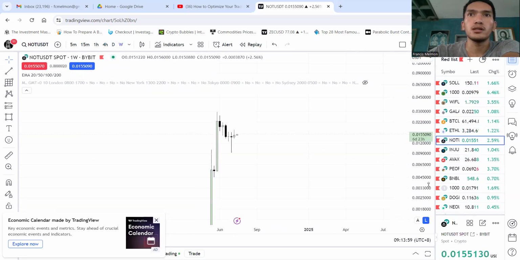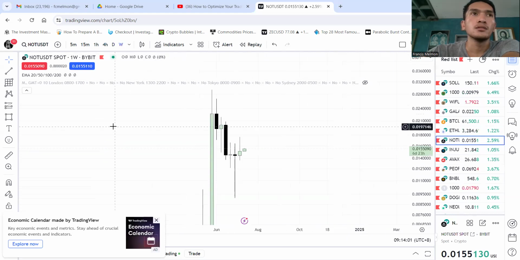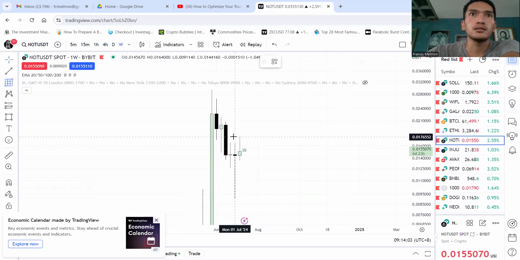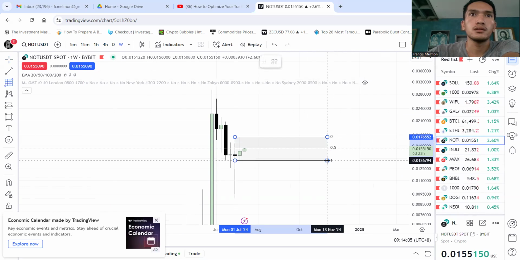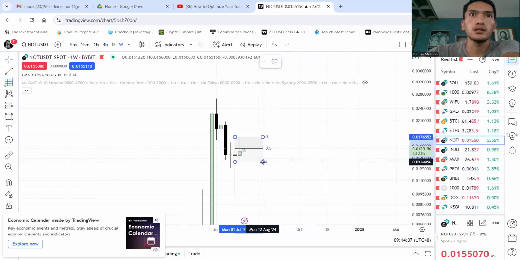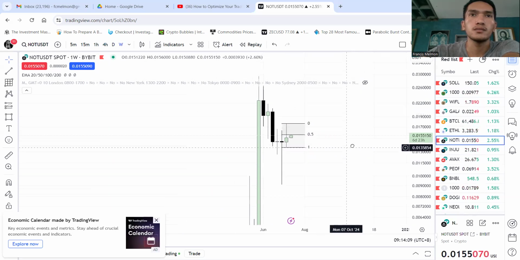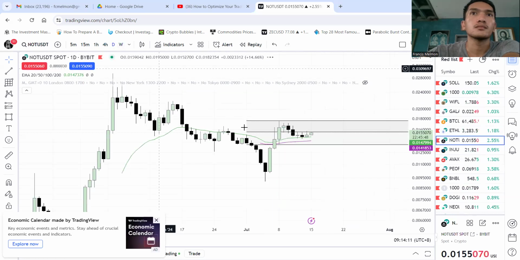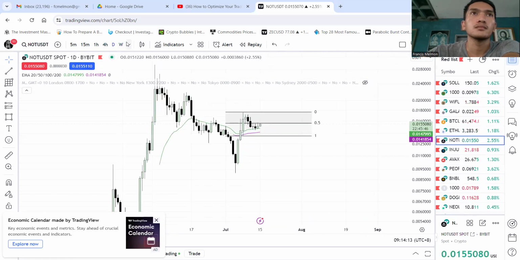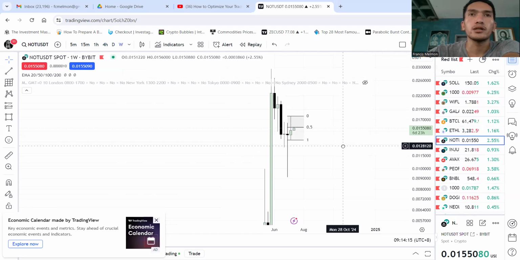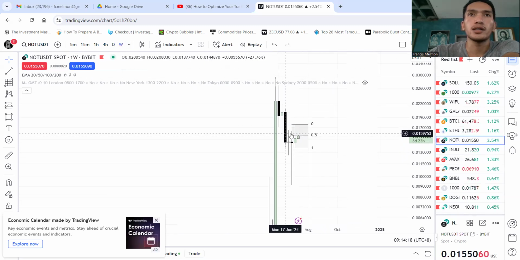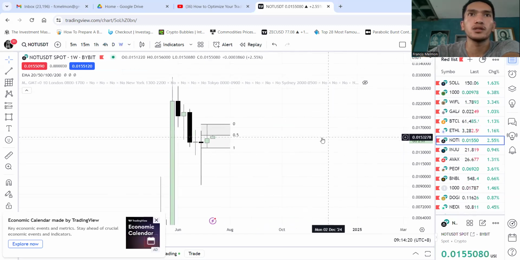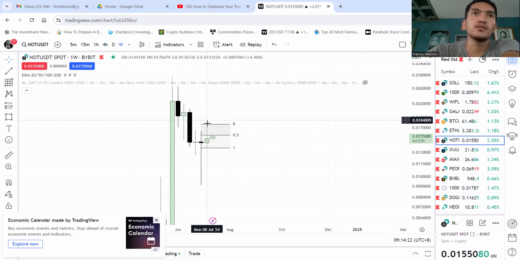Finally, as you can see, we are currently inside and we are retesting the 0.5 of the move.